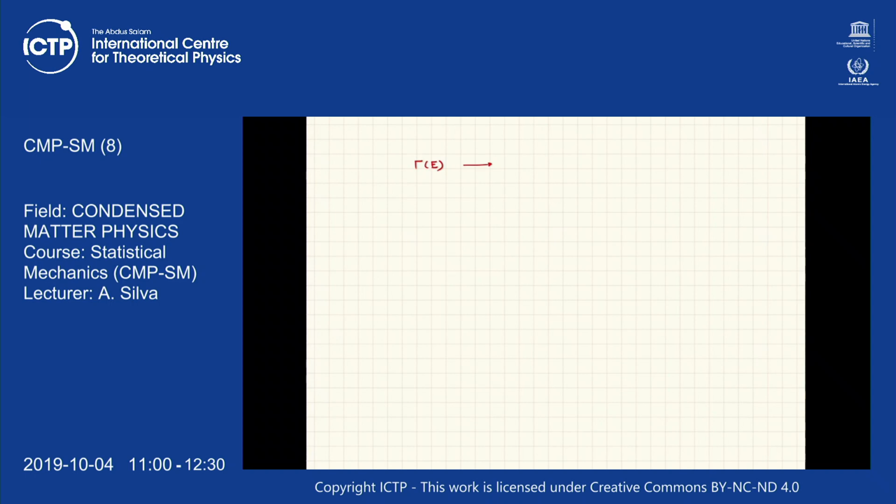You can compute this gamma of E, or you can compute something slightly different that turns out to be equivalent to the gamma of E in the thermodynamic limit. These are all details, so let's forget about that for a second. So given this, you can compute your entropy.